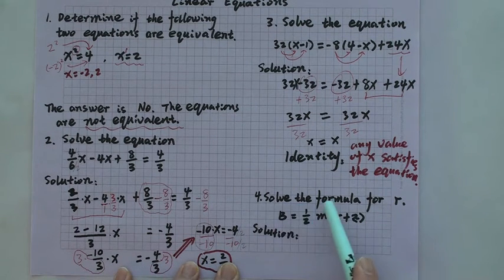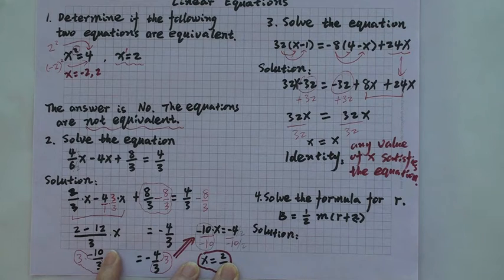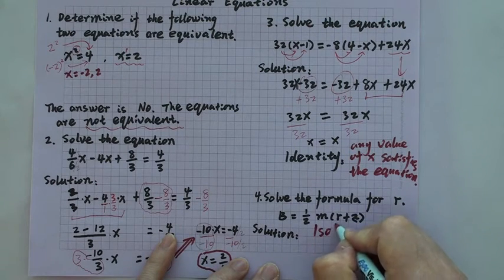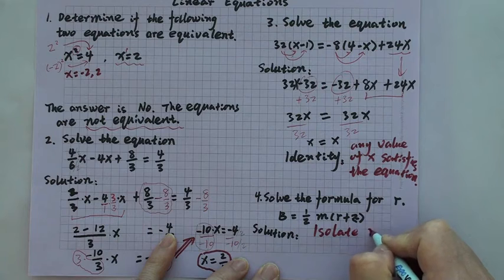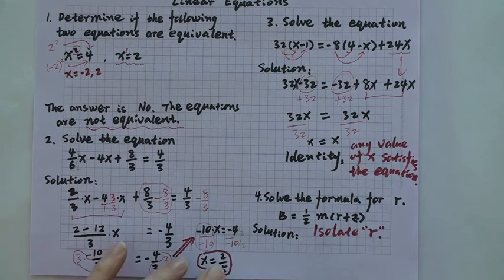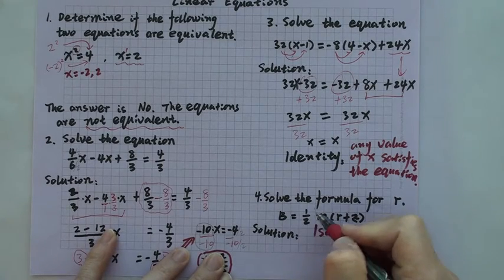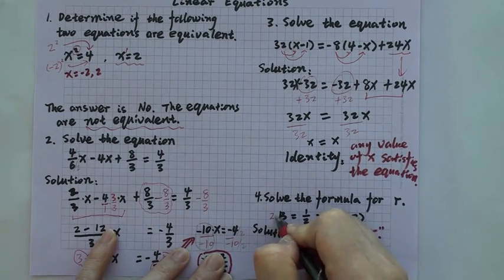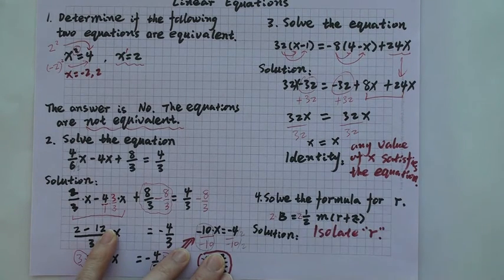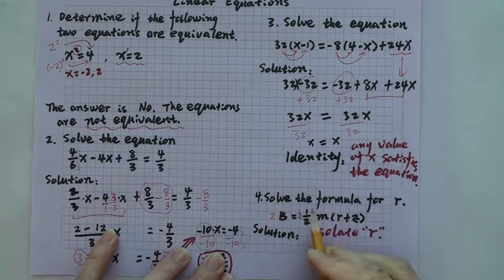Now, how do you solve the formula for r in this one? To solve for r is to isolate r. To isolate r, there's a strategy. We have a 1/2 here, so both sides times 2. Then the 2s cancel each other, and you only have a 1 left.